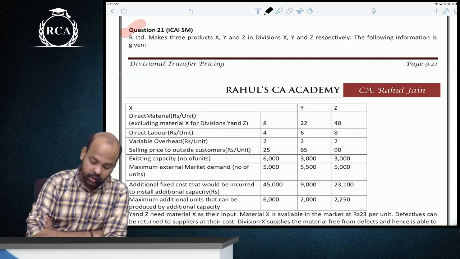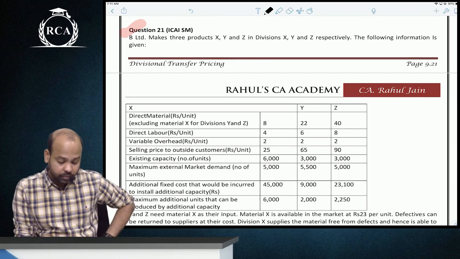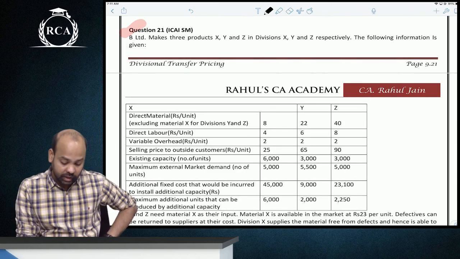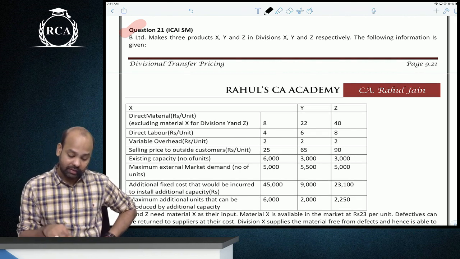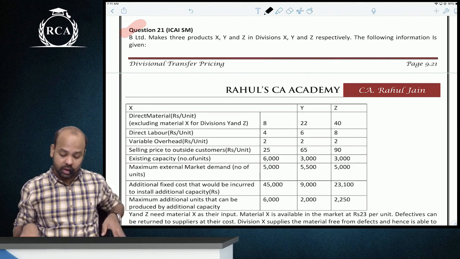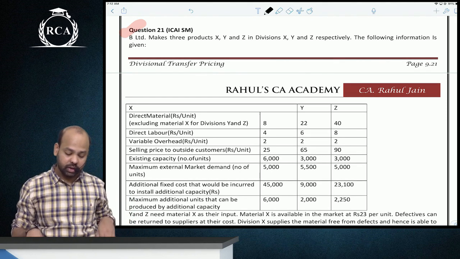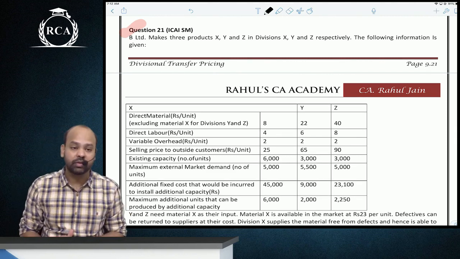Variable overhead is 2 rupees per unit. Selling price to outside customers is 25, 65, and 90. Existing capacity is 6,000 units for division X, 3,000 for division Y, and 3,000 for division Z. The maximum external demand is 5,000 units, 5,500 and 5,000.